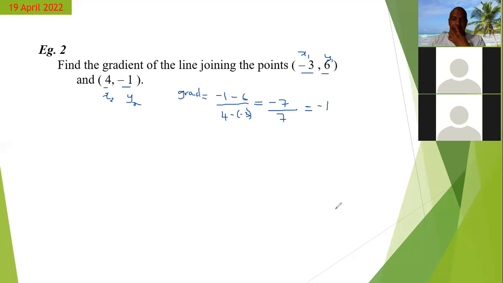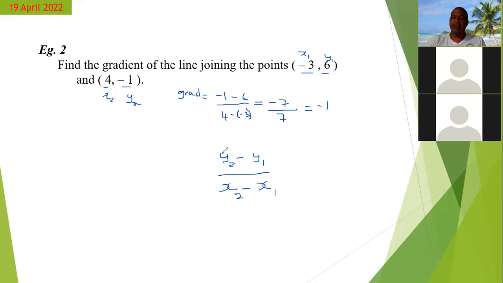All right, what did you get, Ms. Wesa? Sir, I got 5 over 1. Sir, how did you get this 6 to turn negative? Now, the 6 was already positive when we have it up here. Yes, sir. We are subtracting. Remember the formula says y2 minus y1 over x2 minus x1. Now substitute these values.